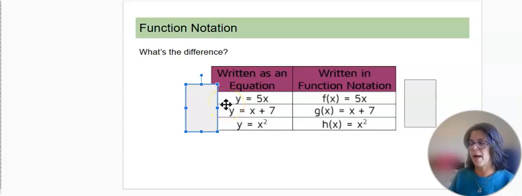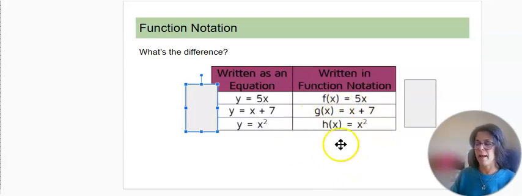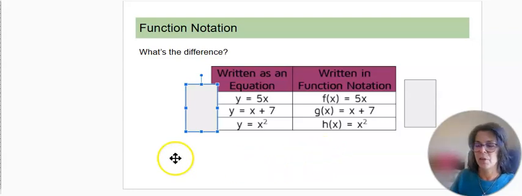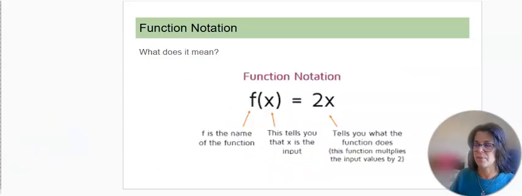This is another way to write the same equation. Why does it help us? Well, there are a few reasons which you'll see, but in one way it just helps us identify which equation I'm talking about. The function f is this first one. The function g is the second one, and the function h is the third one in this case.